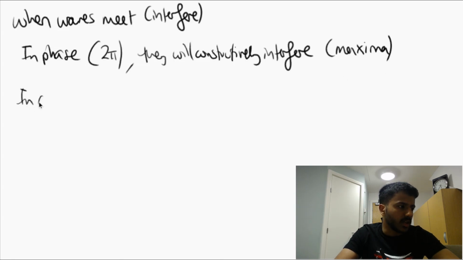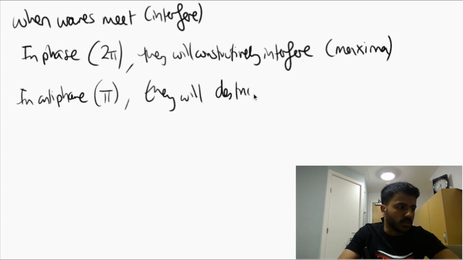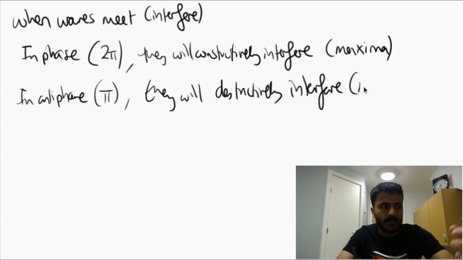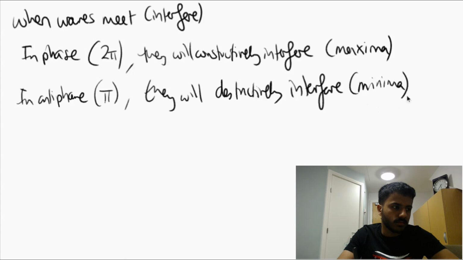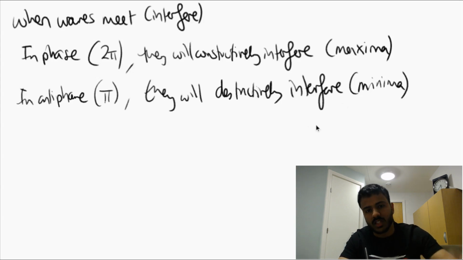When they meet in antiphase, or when they meet completely out of phase, which is a phase difference of pi, they will destructively interfere, and that way they will form a minima. So in general, when certain waves meet, you can get a series of maxima and minima due to constructive and destructive interference taking place at different points.